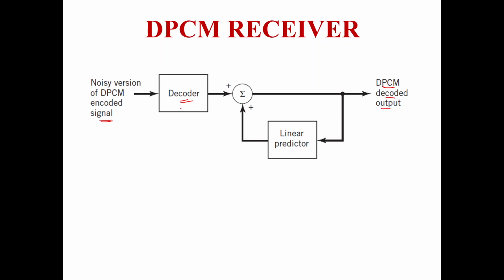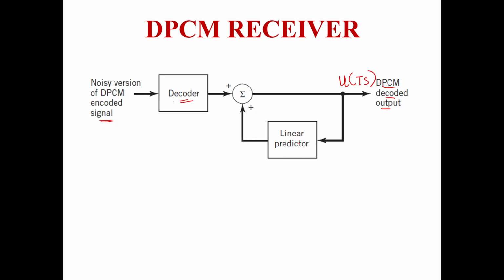The decoder reconstructs the quantized error signal from the incoming noisy version of DPCM. The prediction filter output and the quantized error signal are summed up, which gives the quantized version of my original signal, that is nothing but U of Ts.